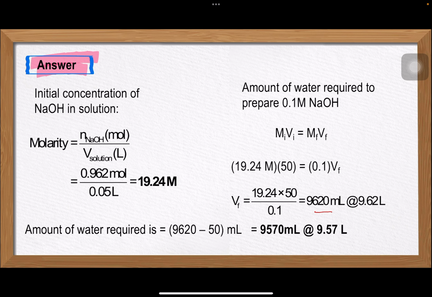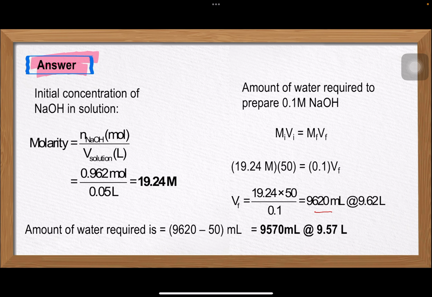How much water required to change the molarity to become 0.1 molar. So 9620 milliliter is the volume already in the solution. So the 50 milliliter is already there before. So you need to minus 50 milliliter to get the exact value of how much water is added.